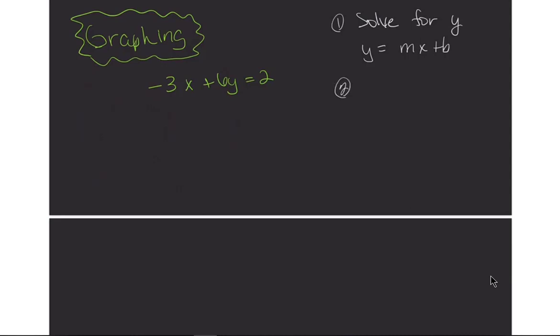The second thing, how many points make a line? 2 points, right? So you can find the x-intercept, then find the y-intercept, and then now you have 2 points, and then you can connect those 2 points. Do you know how you'd find the x-intercept?